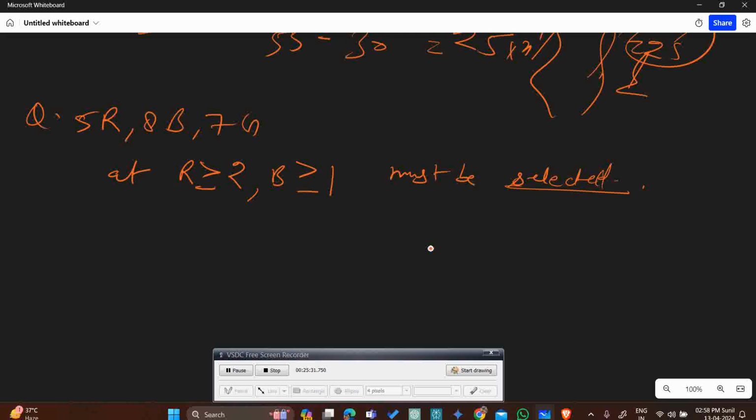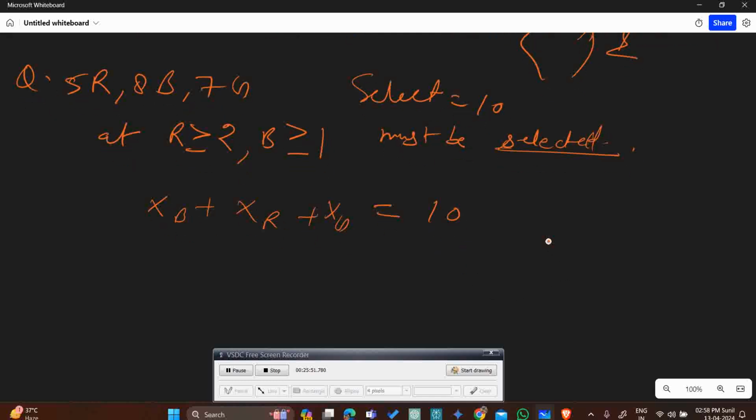Next question is this. So what we are doing is x blue plus x red plus x green should be equal to 10, how many we select. But the constraint here is red is greater than or equal to 2 and blue is greater than or equal to 1.